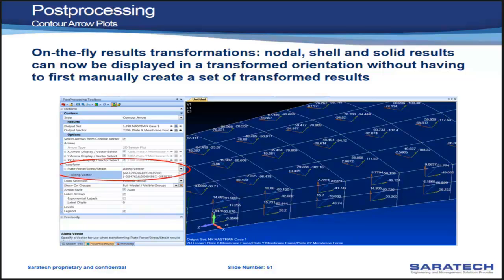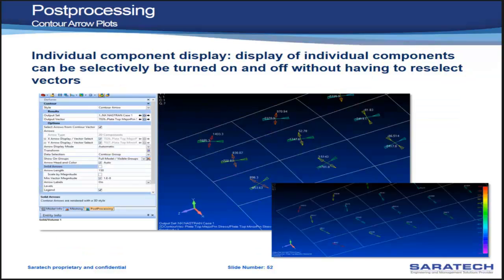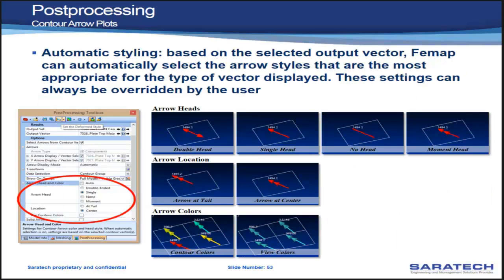It also has individual component display, so it will display individual components, and these can be turned on or off without having to reselect vectors. There are different stylings for all the arrows, based on the selected output vector. You can manually change this if you want to.